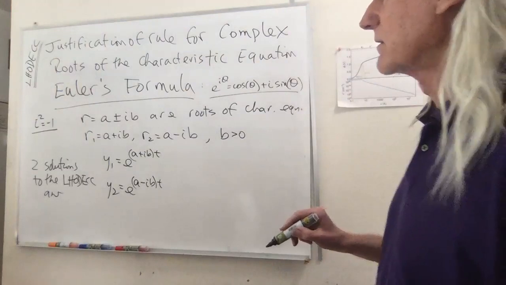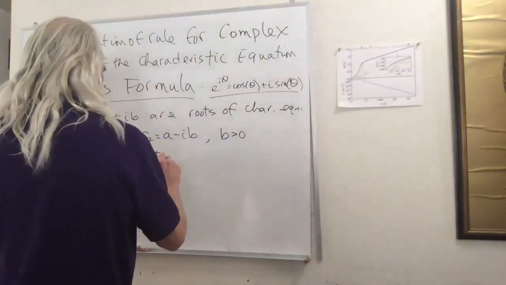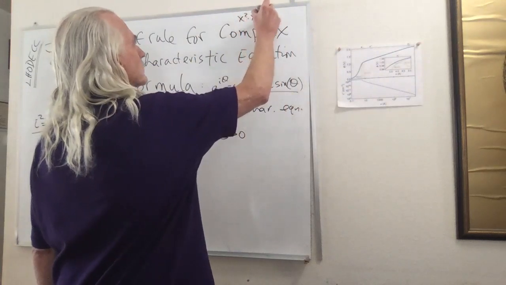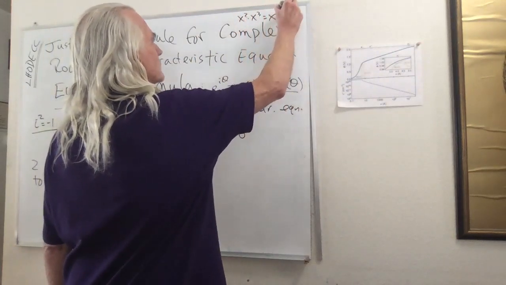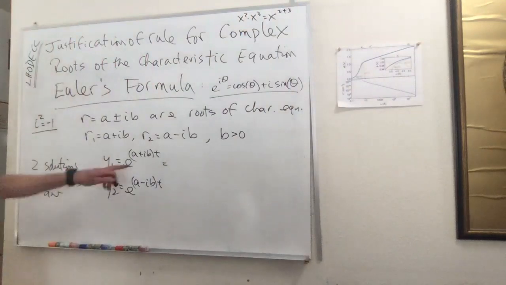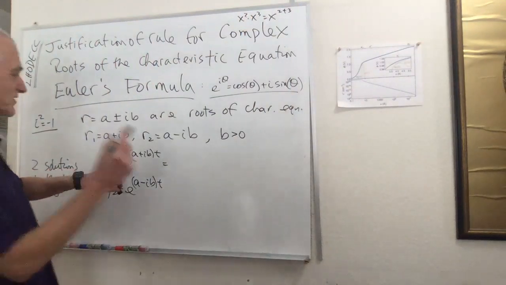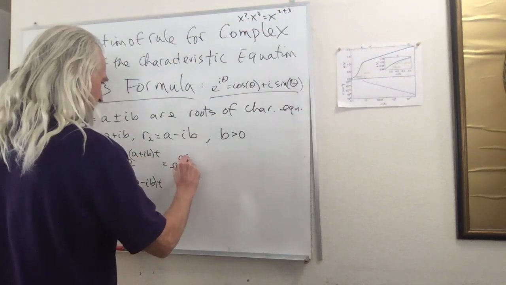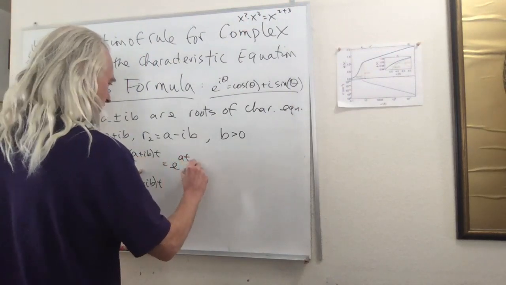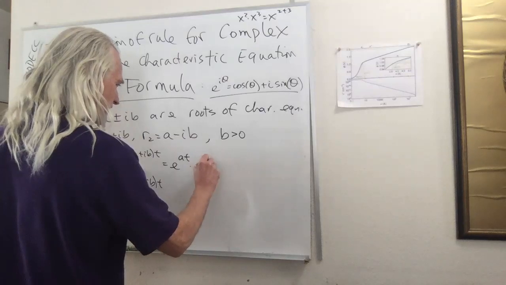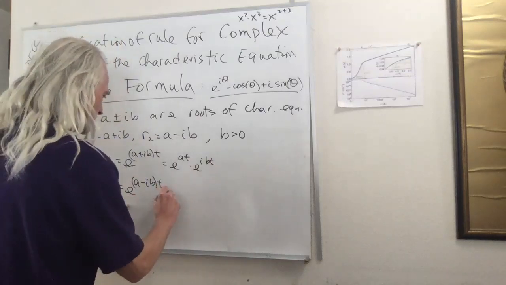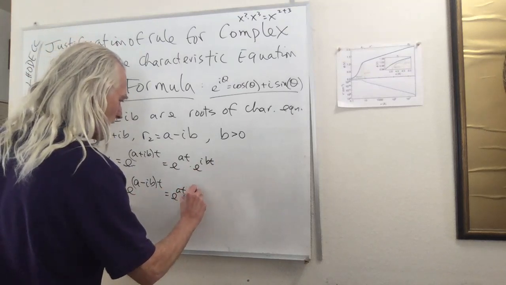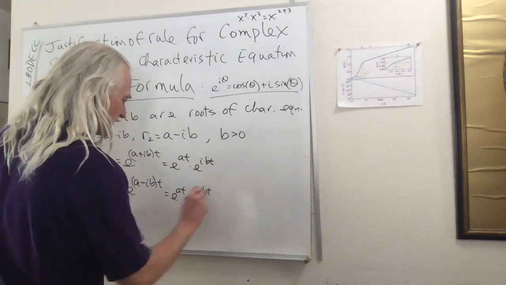Now, the rules for exponentials, right? x squared times x cubed is x to the 2 plus 3. Same thing happens here, although we're kind of on steroids here. So this is going to be e to the at times e to the ibt. And this is going to be e to the at times e to the minus ibt.